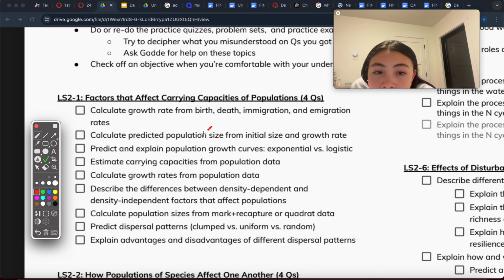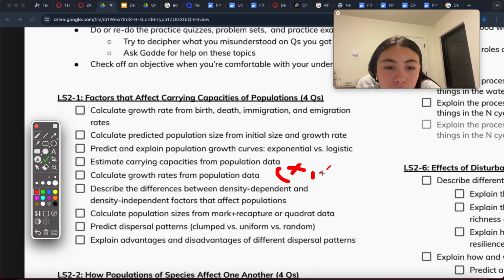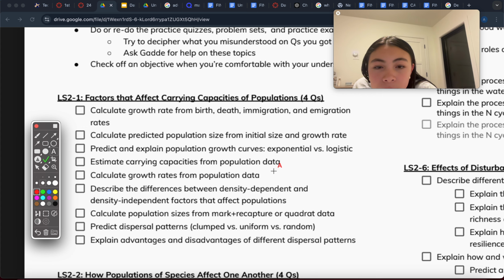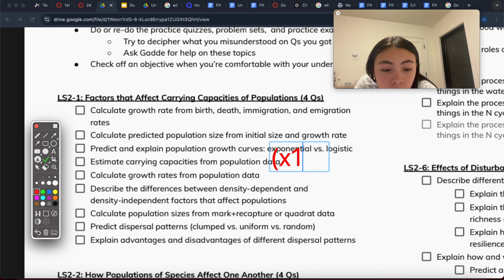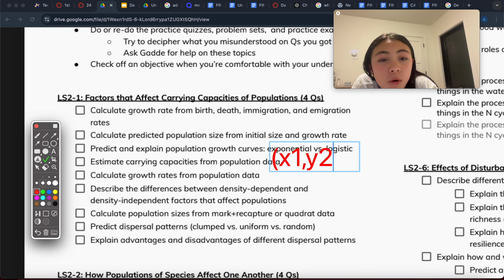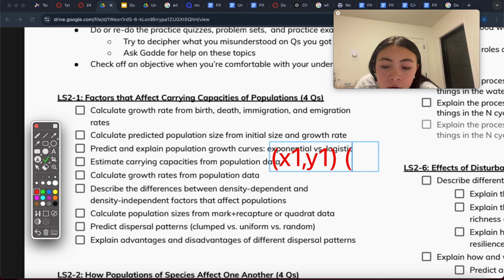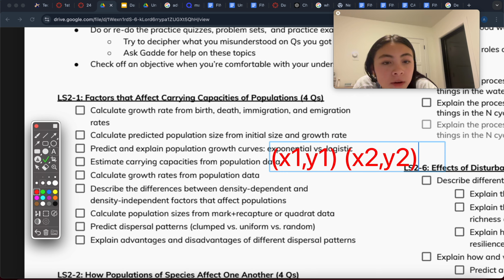So it's probably going to give you x1 comma y1, and then it's going to give you x2 comma y2. It's going to give you something like that.